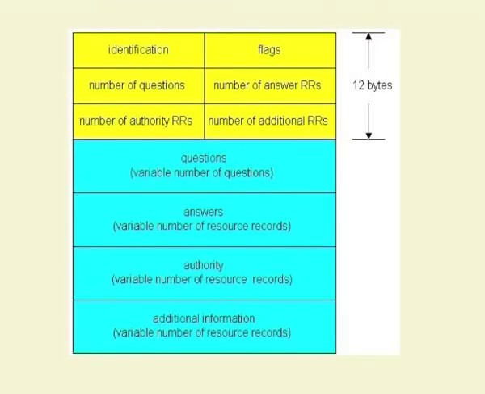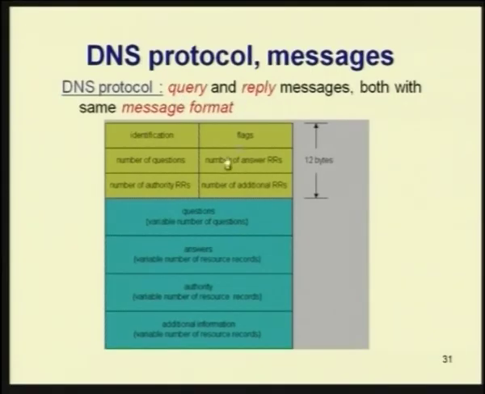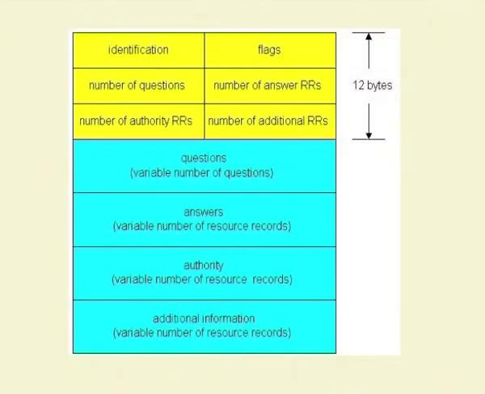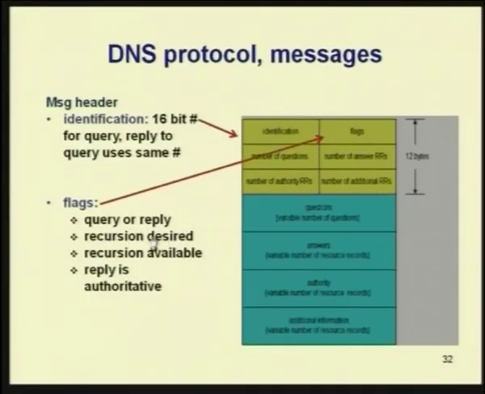So, we have these 4 different types of records, and the protocol uses the same message format for both queries and replies. You have a message header which consists of an identification field, and then some flags which indicate whether it is a query or a reply, whether recursion is desired or not, whether recursion is available, and whether the reply is authoritative.